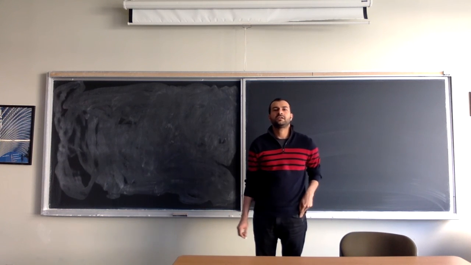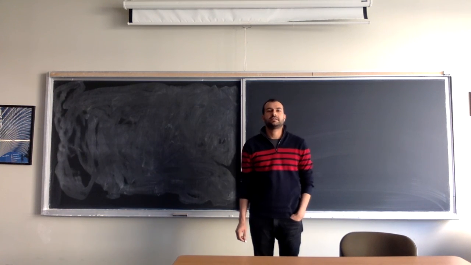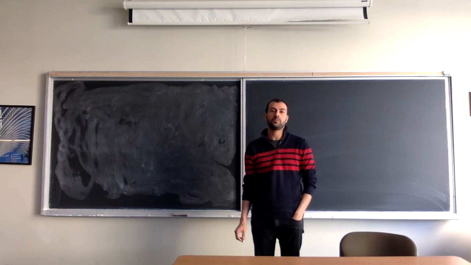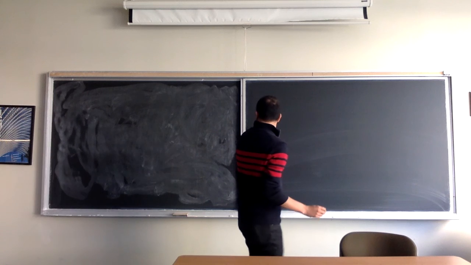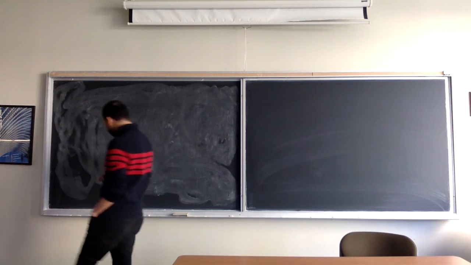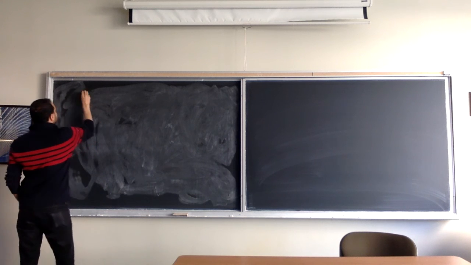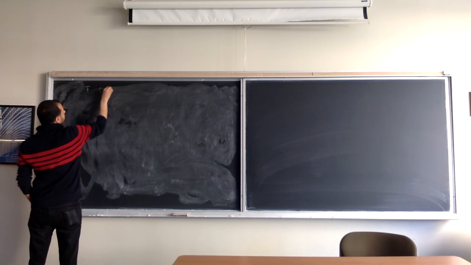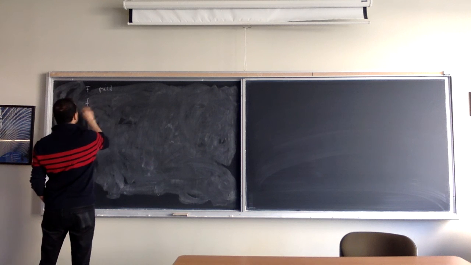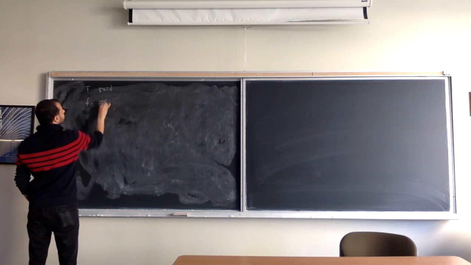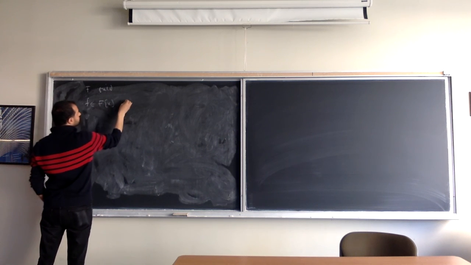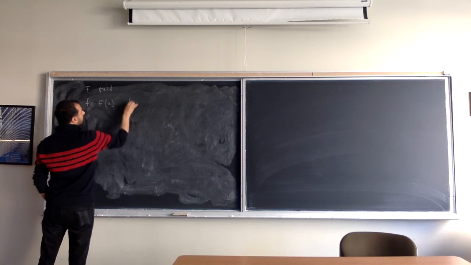So in this video, we're going to start talking about the Galois group of a cubic equation, of the splitting field of a cubic equation. Let me start here. Let's say F is a field, and f is a cubic polynomial, degree 3 polynomial.